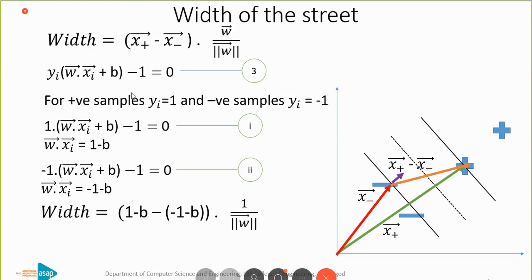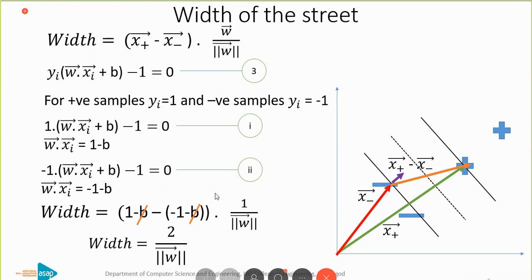Okay, I have replaced this dot product with 1 minus b, and there's a minus sign over here, so this b will become plus b, so I'll just cancel it out. Now the width of the street is 2 by the norm of w. How did I get this? I got this by substituting the value of y in the constraint and using that in the expression of our width.